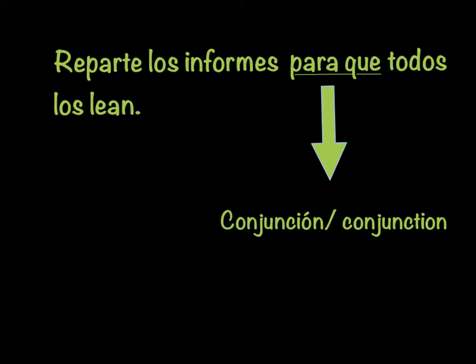Okay, here we have an example of two sentences connected by a conjunction. In this case, the conjunction is para que, and the two sentences are reparte los informes, todos los lean. Reparte los informes para que todos los lean.